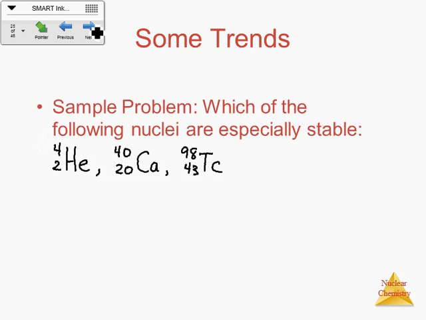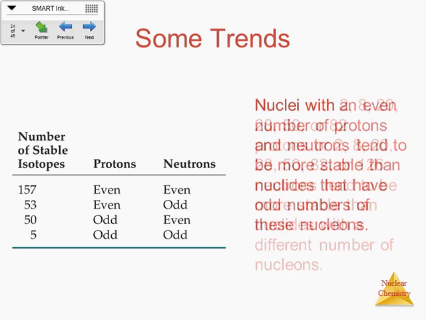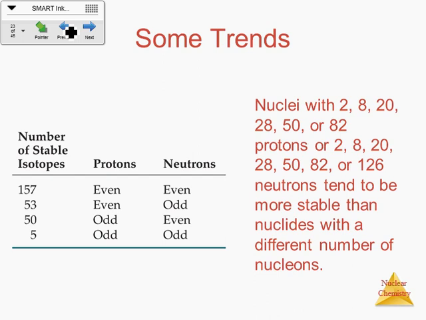Okay? So, based on those trends that we just talked about, let's do a sample problem here. Which of the following are especially stable? Okay, so let's go back for a second. Look at our rules here. Nuclei with 2, 8, 20, 28, 50, or 82 protons, or the same for neutrons, tend to be more stable.